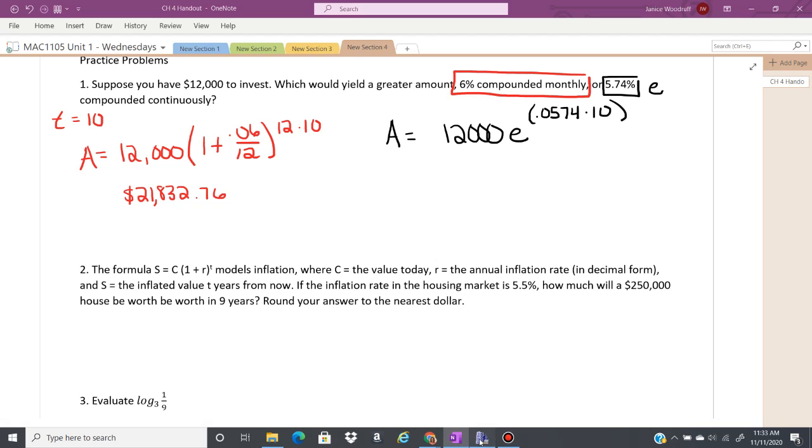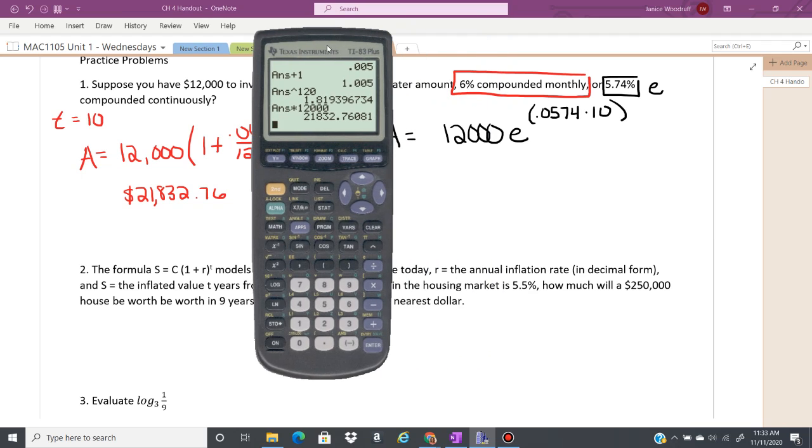All right, so let's take a look here. 12,000, second E, and that's going to be 0.0574 times 10. So $21,304.25.